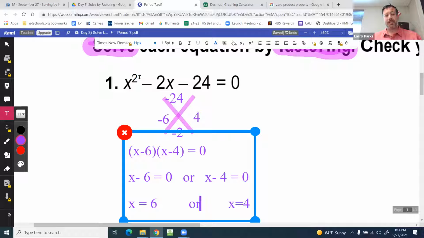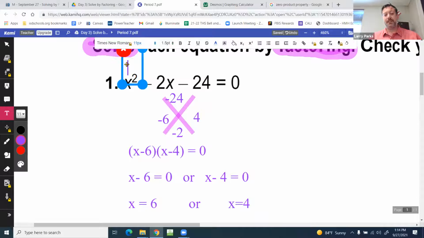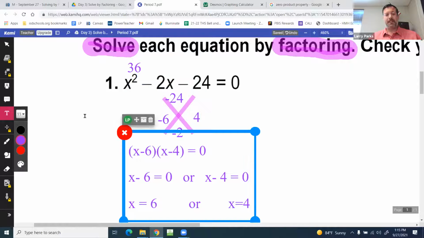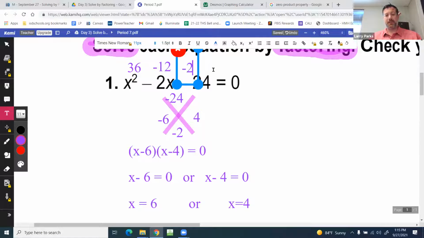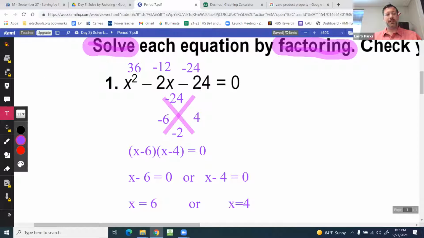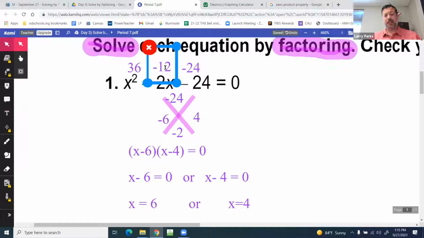Checking my work, 6 squared. If I plug in 6, I'd get 36 here. If I plug in 6 into 2x, I'd get minus 12. And then I got minus 24. And notice that 36 minus 12 minus 24 is 0.